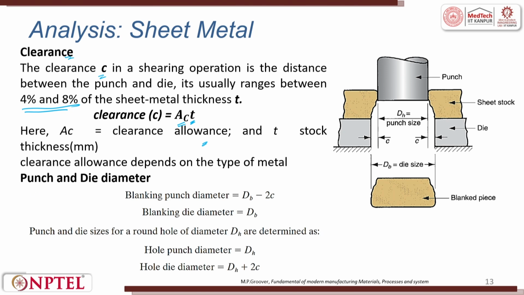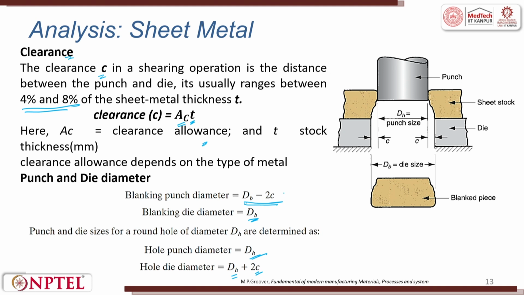Punch and die diameter: the blanking punch diameter will be Db minus 2c, where Db is the blank diameter. The punch and die size for a round hole of diameter Dh are determined as follows: the hole punch diameter is Dh and the hole die diameter will be Dh plus 2c.